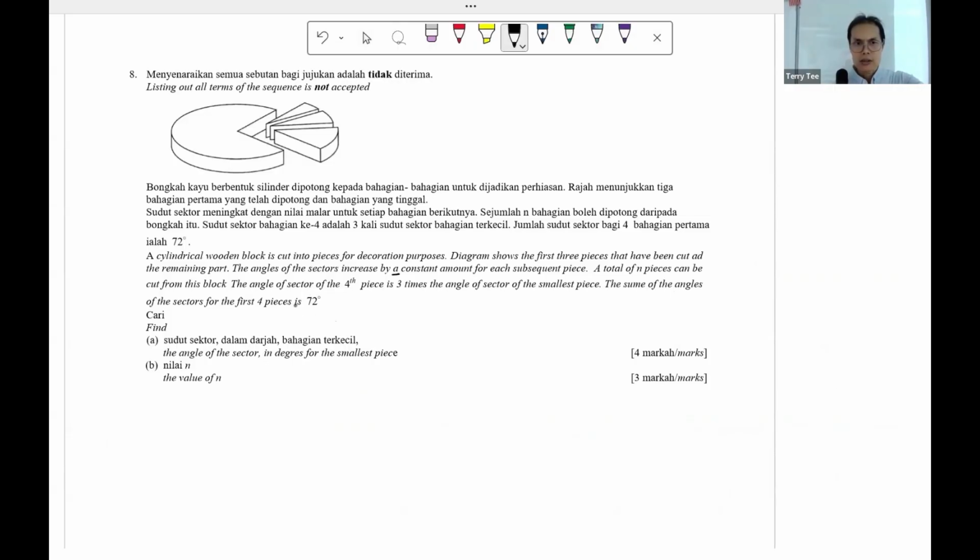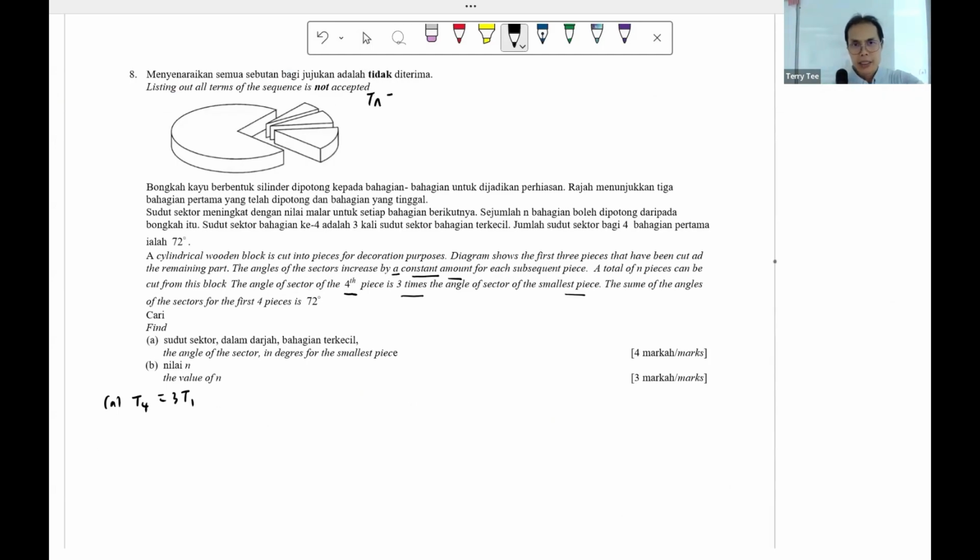Number one, the angle for the sector of the fourth piece is 3 times the angle of the smallest piece. The smallest piece, we let it be D1 or a, right? Maybe I write here. The fourth piece, D4, is 3 times D1. Remember this arithmetic progression is increasing with a constant angle.